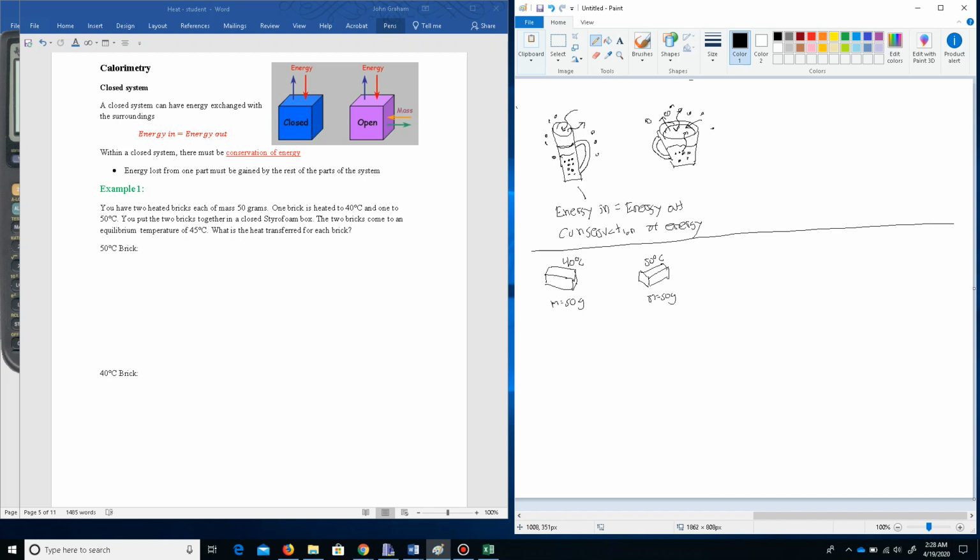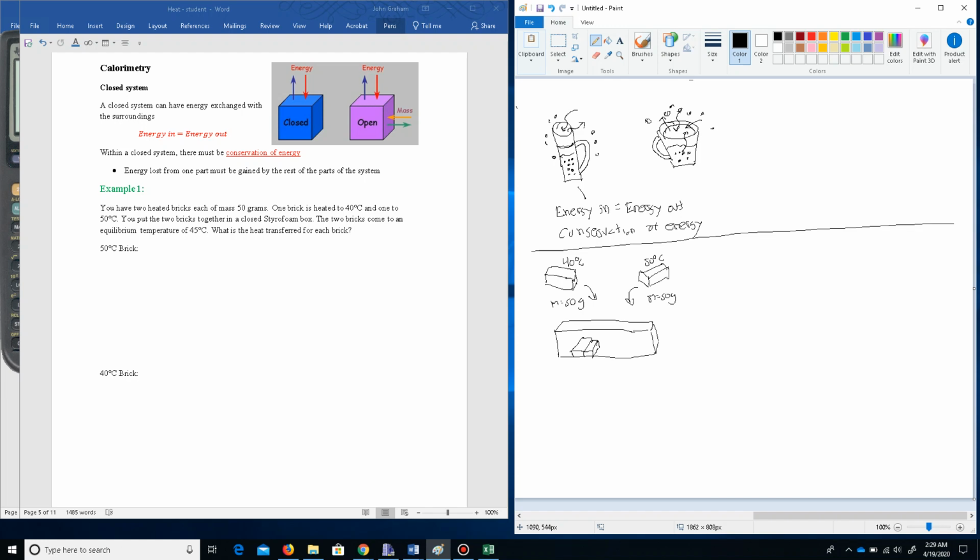You put the 2 bricks together in a closed styrofoam box. So this is the styrofoam box, and we're sticking these bricks inside, making sure they're next to each other.